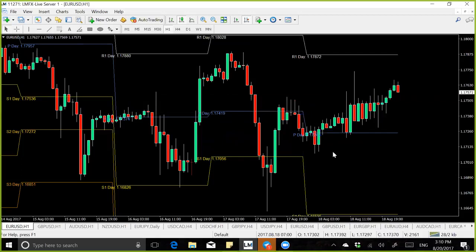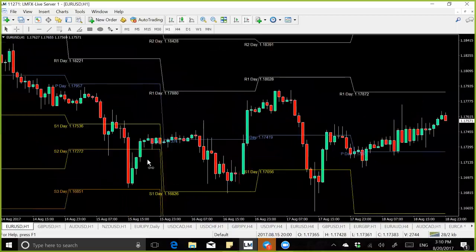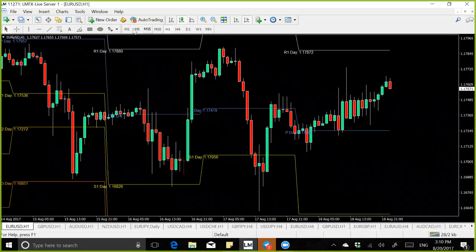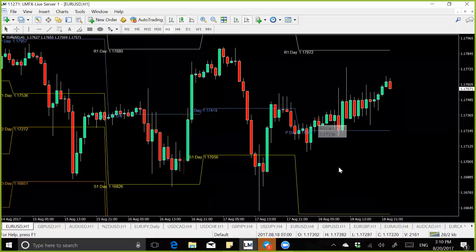Now, let's do another example. Everybody tell me this one. This candle right here. Is this an exhaustion candle or not? Emeka, you're saying the candle occurred a day before the current pivot was formed.